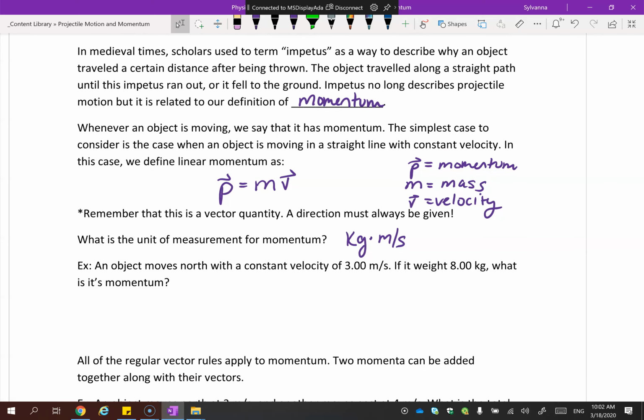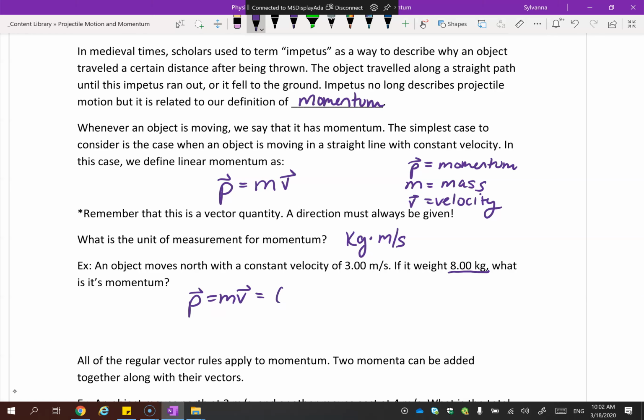Let's do a simple example using P equals m times v. An object moves north with a constant velocity of 3 meters per second. If it has a weight of 8 kilograms, what is its momentum? Our equation to calculate momentum is P equals m times v. m was given to us in this question.